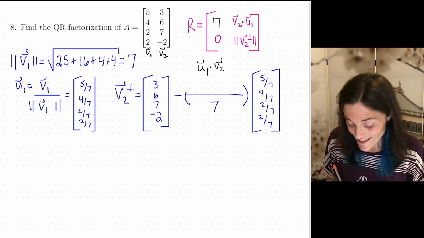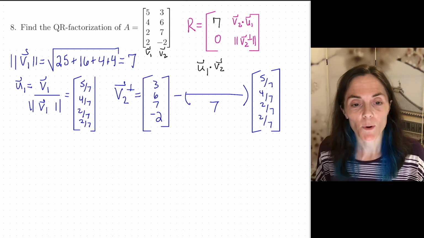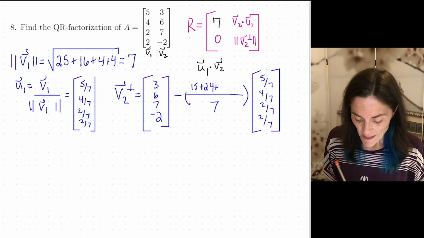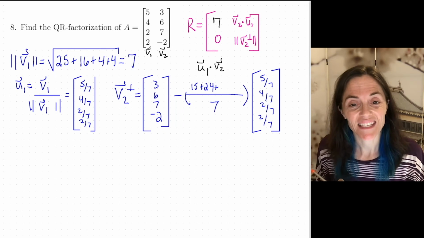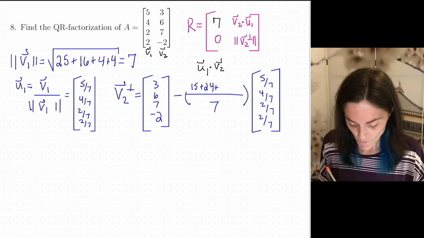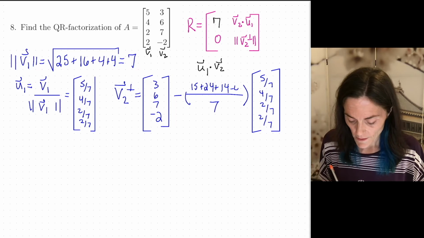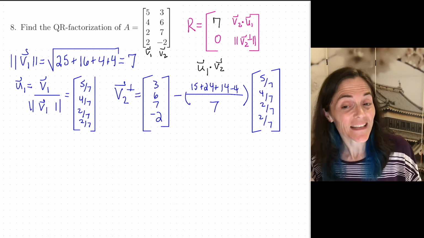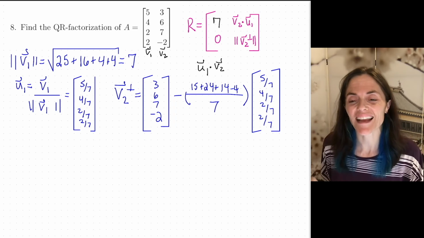So we have 7 in the denominator. In the numerator, we have 15 plus 24 plus 14 minus 4. Now, what is this? We have 39 plus 10. Oh, we have 49 over 7.